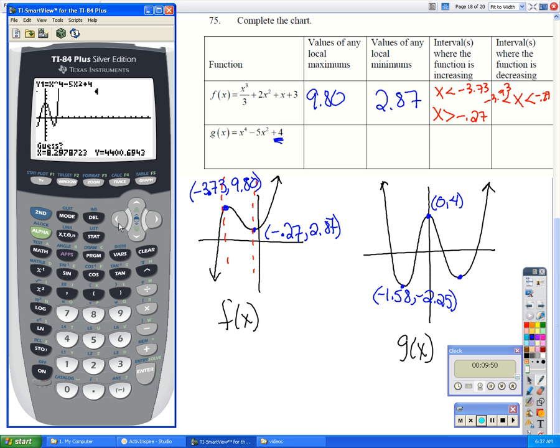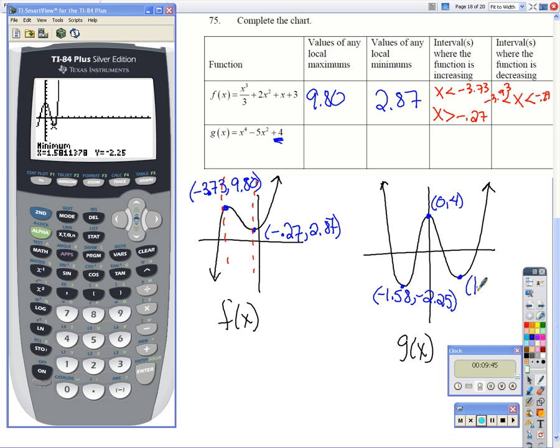And now hopefully it'll calculate that minimum. Great. 1.58, negative 2.25. Okay, so any local maximums? Is that 4? Now these are absolute minimums because there's nothing below on the graph, but I'm still going to include the negative 2.25 as an answer for the minimum.